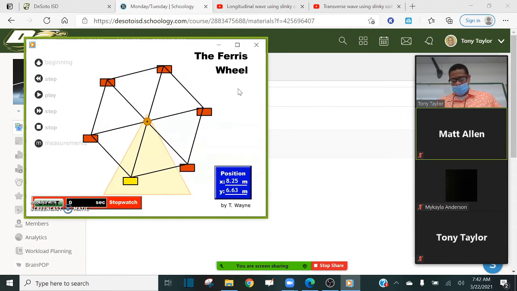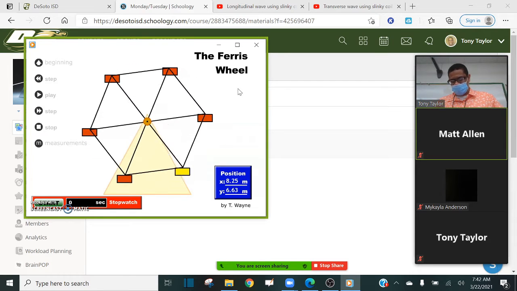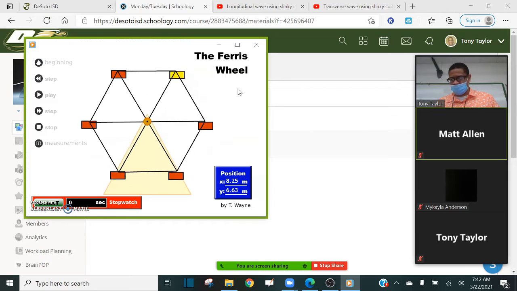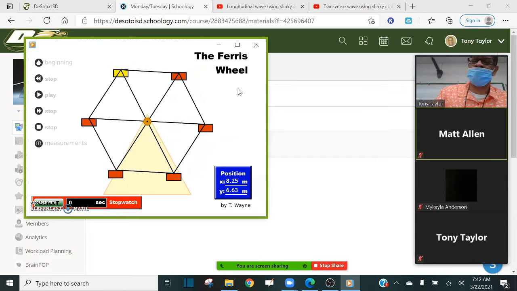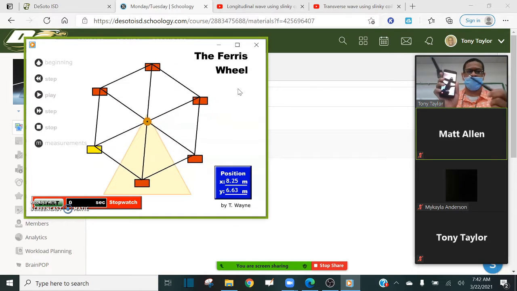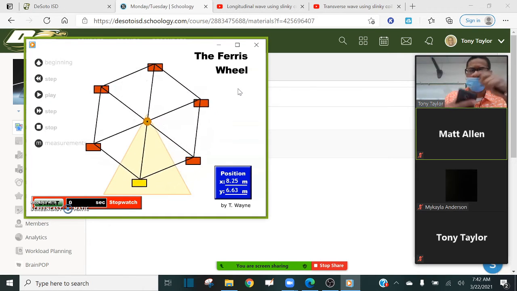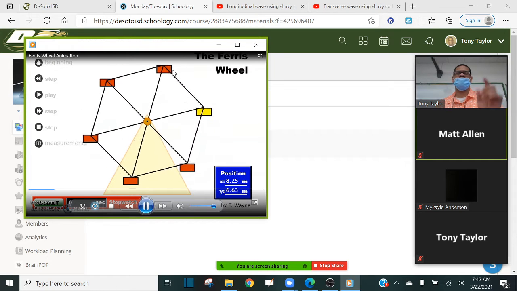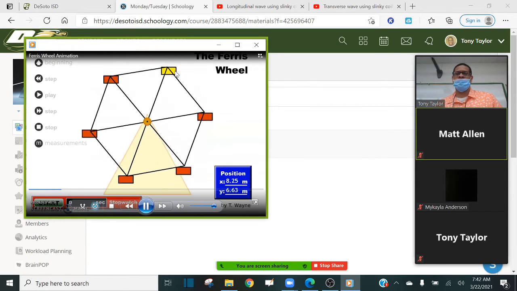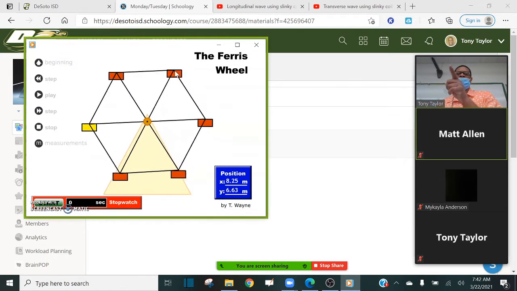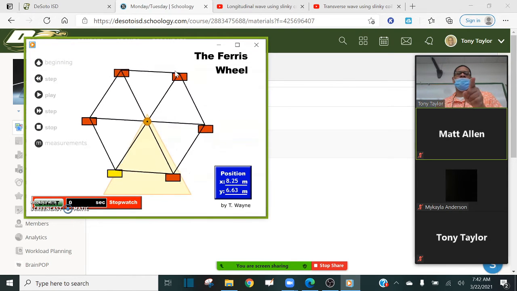Hopefully you guys remember the way we found the period of the Ferris wheel. We just took out our cell phone and opened up the stopwatch. Then we waited till this yellow box came to the top and we started our stopwatches. Once that yellow box went all the way around and came back to the top again, we stopped our watches.